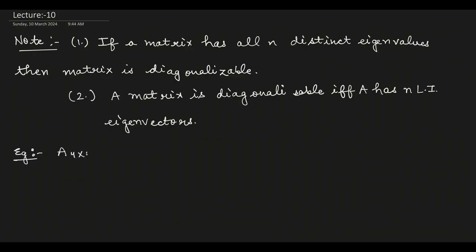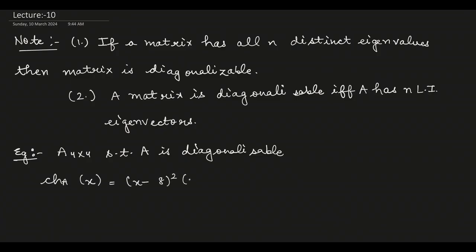A is a 4x4 matrix such that A is diagonalizable. The characteristic polynomial is given as (x minus 8) square, (x minus 9) square.